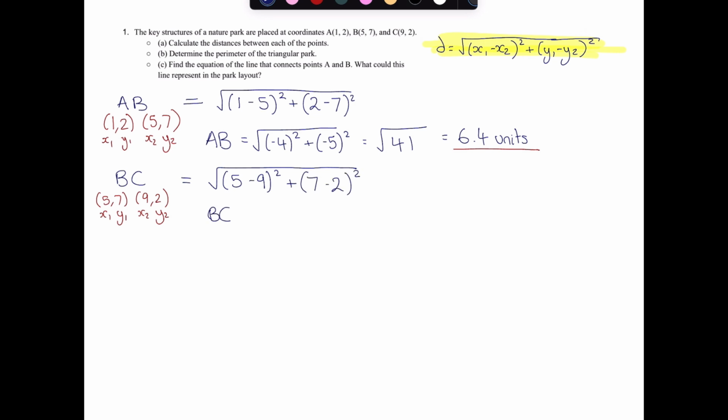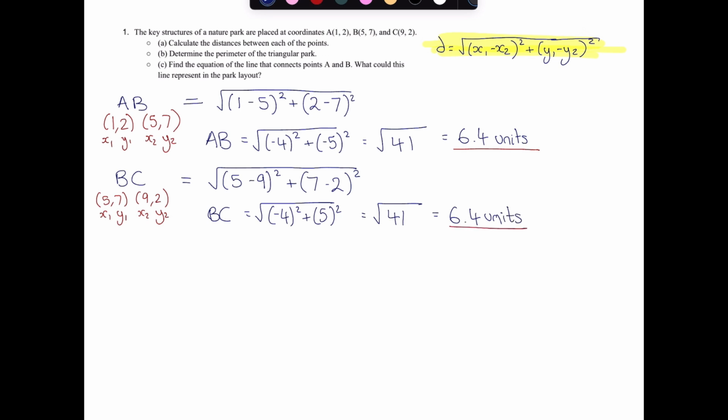So BC is equal to the square root of -4 all squared plus 5 squared this time, which would give us the same answer of root 41, which of course is 6.4 units.